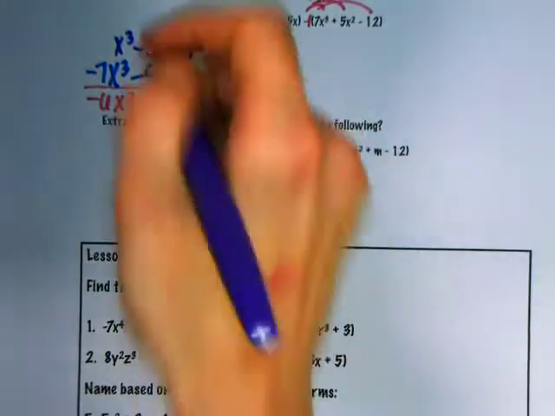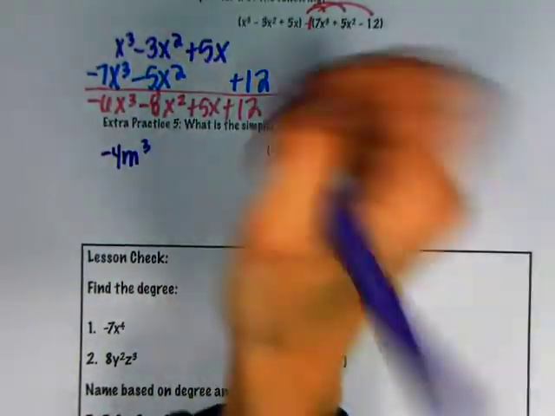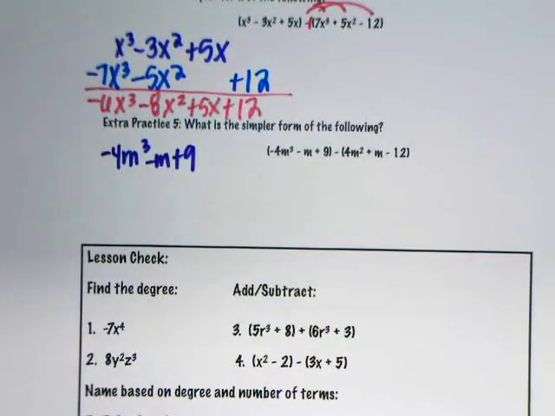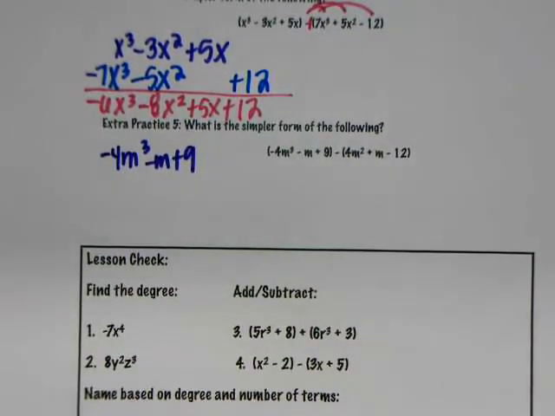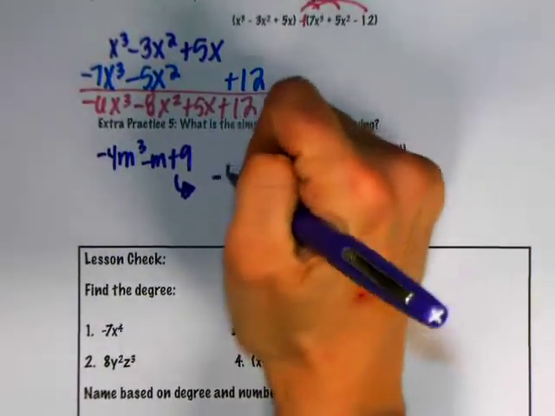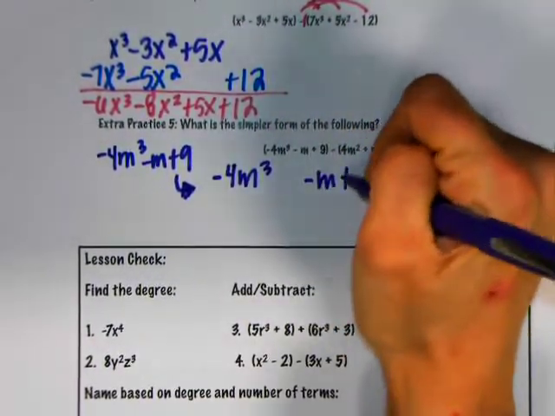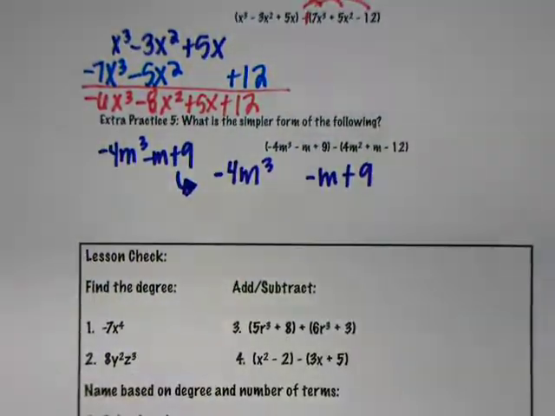So negative 4m to the third, I'm going to leave a space, minus m plus 9. For anything that has an m squared, there's a little spot, okay?